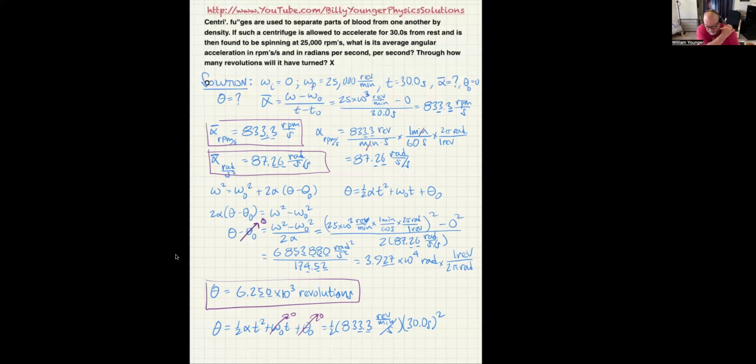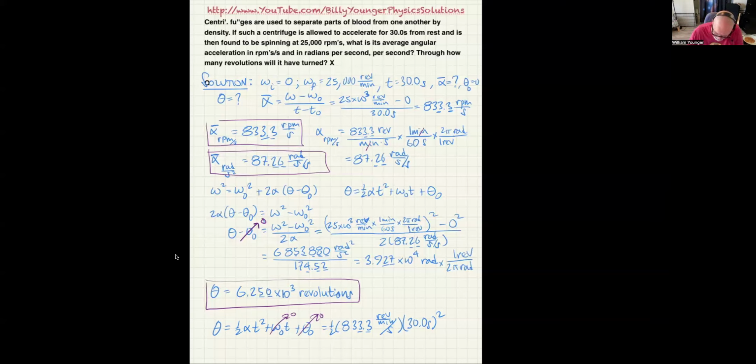You can automatically see that when I do that, the seconds squared is only going to cancel out with the second in the bottom of the revolutions per minute per second, but the minute is not going to do anything. So I ended up getting something weird like revolutions seconds per minute. And that's not very helpful.